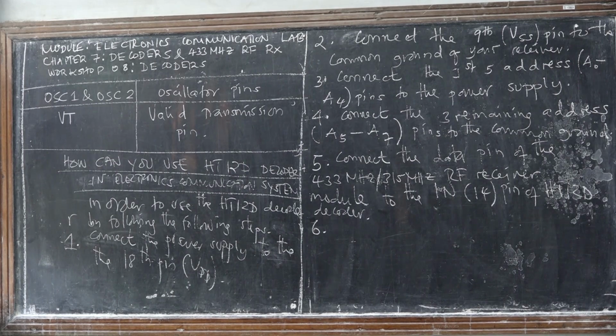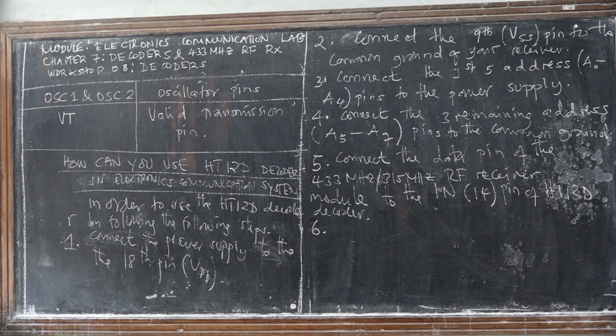So what is a corresponding pin to the TE or transmission enable pin in case of Ht12D decoder? Please examine the physical appearance of Ht12E encoder and the physical appearance of Ht12D decoder. In Ht12E encoder, we had a pin called the transmission enable pin.